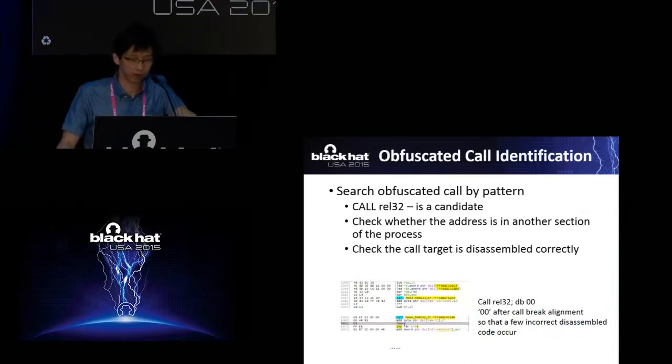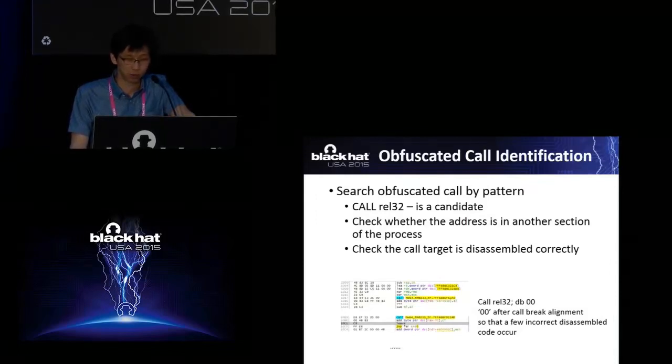We can find them at the OEP with a debugger. When we search for intermodular calls in the debugger, we can find obfuscated calls that don't have any name. I did it with Intel Pin, searching for obfuscated calls by pattern. A call relative 32 is a candidate.